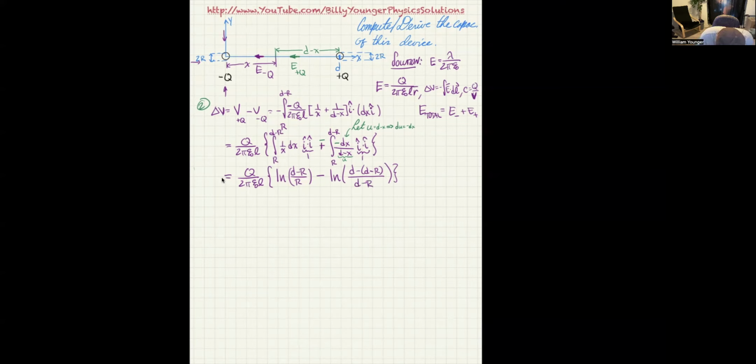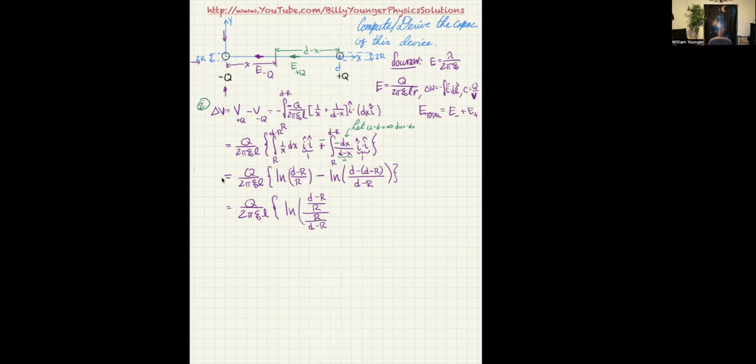Now I can compute a little bit farther. I'm going to say q over 2 pi epsilon naught L times, now the difference of natural logs is the same thing as division of the arguments of the log. So the log of a minus the log of b is the same thing as the log of a over b. So in this case, the natural log of d minus r over r divided by, remember, d minus r just becomes r, and then this becomes d minus r down there.